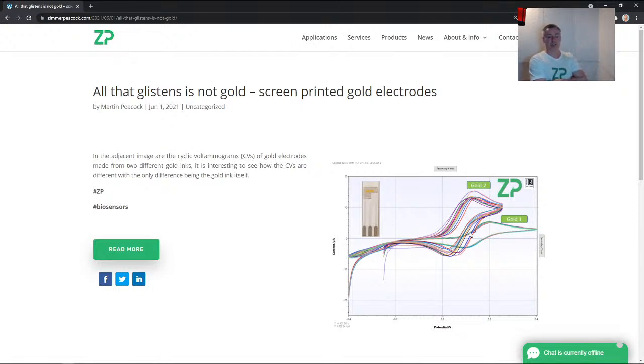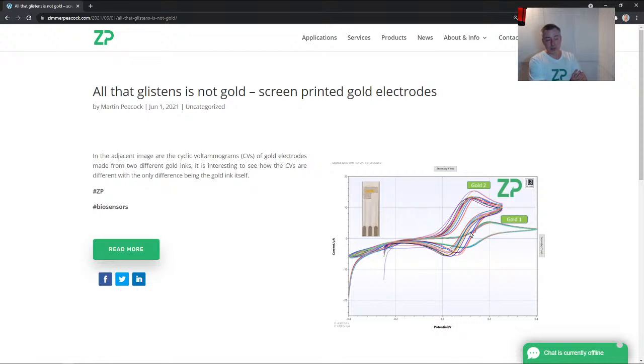Now what's interesting is, if you're a purist and an academic, you'd say gold 2 was better than gold 1. But the biggest problem in biosensor manufacturing is actually reproducibility. So from a manufacturing reproducibility perspective, gold 1 is better than gold 2. But from a classic electrochemical perspective, gold 2 is better than gold 1.